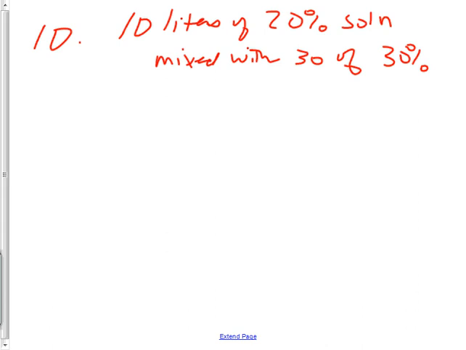Which of the following is the percent of acid in the final mixture? Obviously, they wouldn't ask you how many liters do you have, because they tell you you had 10, you had 30, it's going to be 40 liters.